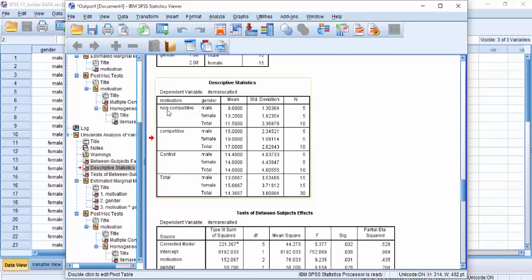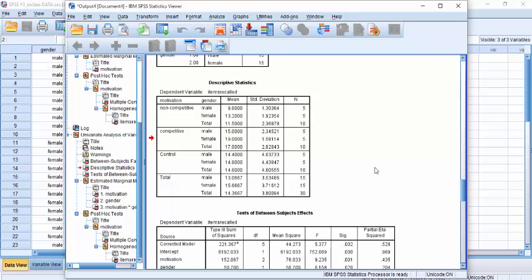So you'll have the non-competitive group males, non-competitive group females. Those in the competitive group that are male had a mean of 15. Those in the competitive group that were female had a mean of 19, and so on.